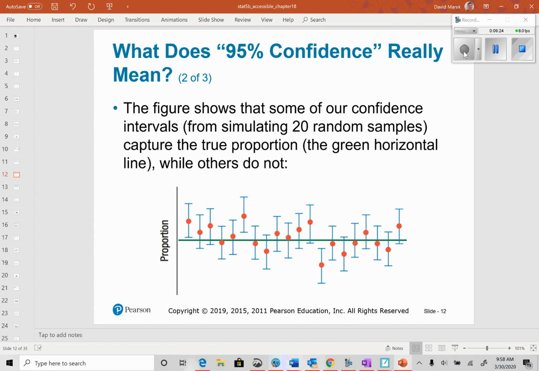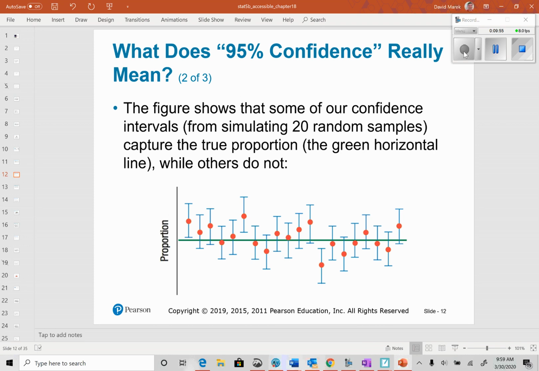So they just picked some random numbers here and simulated 20 random samples, okay? That nice horizontal green line that you see there represents the actual population parameter, the proportion of people saying yes to the question, or again, there's a whole variety of applications here.